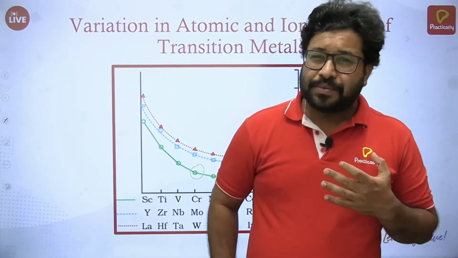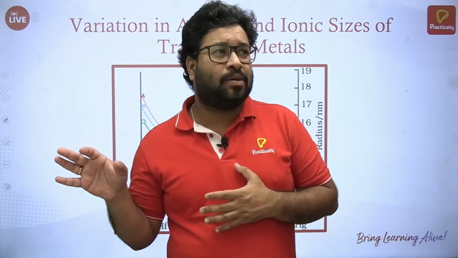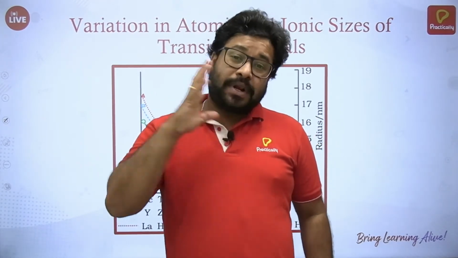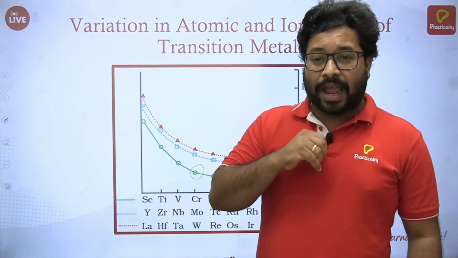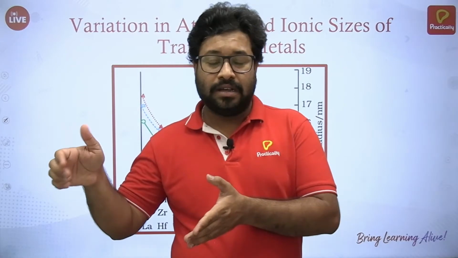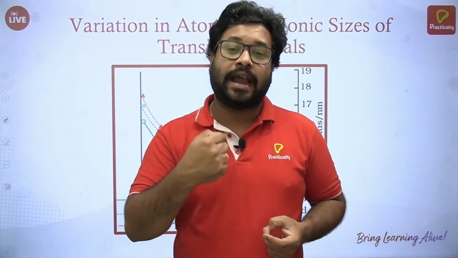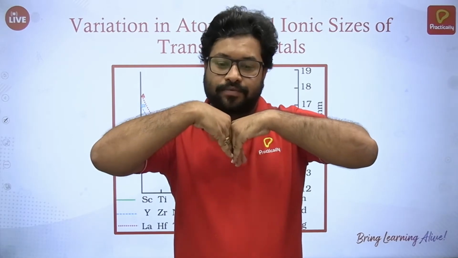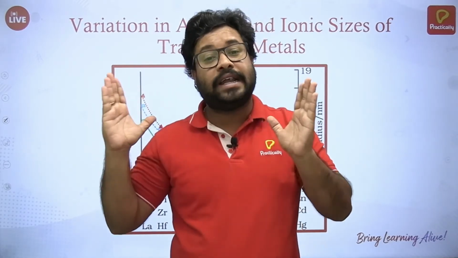Till chromium you have added how many electrons in the d orbital? 5, right? After chromium, when you go through manganese to iron, cobalt, nickel, copper, and then zinc, the number of d electrons gets added more and more. Till chromium you have 5 electrons, and those 5 electrons are completely unpaired.